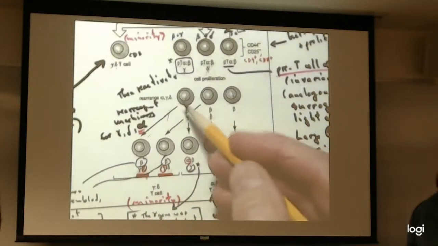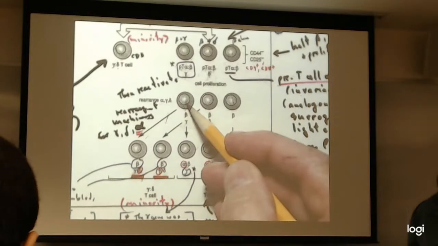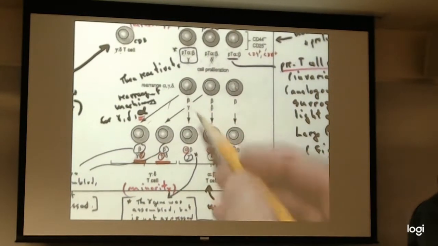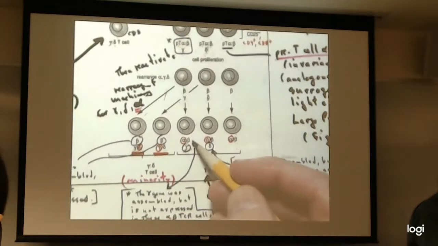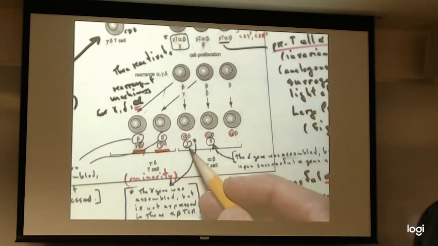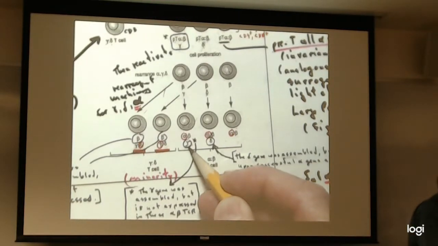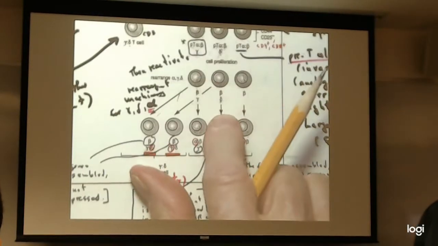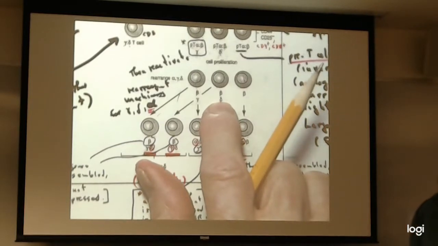If, on the other hand, this cell succeeds in making an alpha gene before it makes the delta, it'll become an alpha beta T cell that has in it a functional gamma chain gene for a gamma delta receptor, but it doesn't express that gamma chain gene. Here's the cell that made the beta chain gene, and then it also made a delta here.